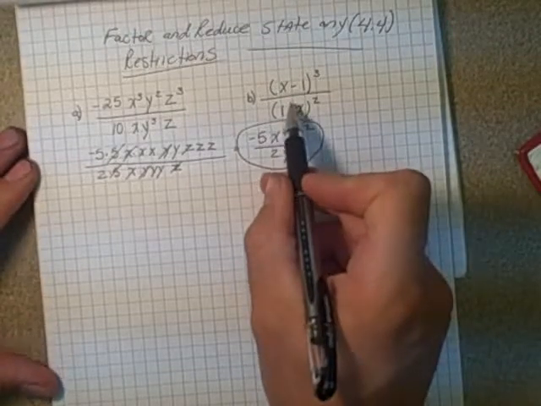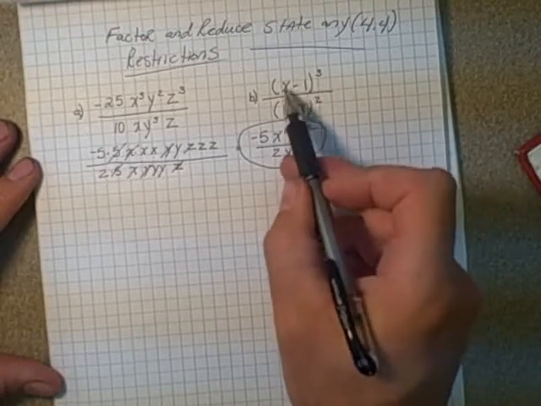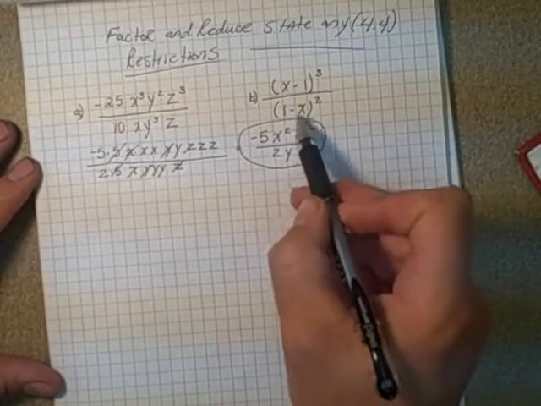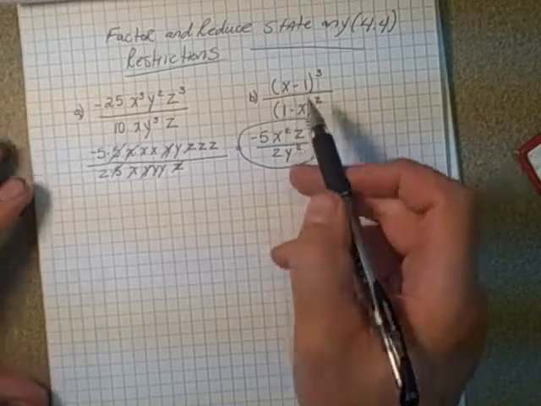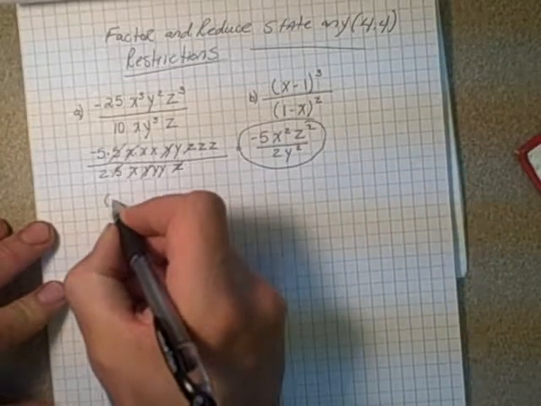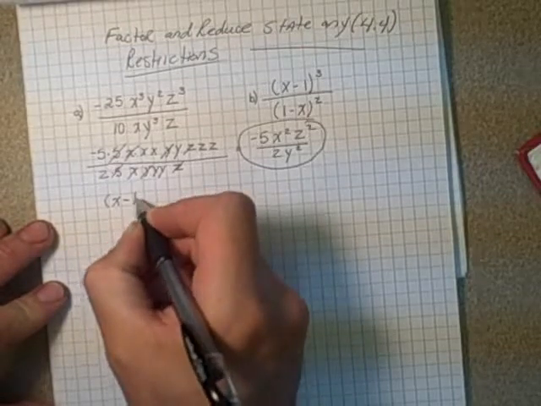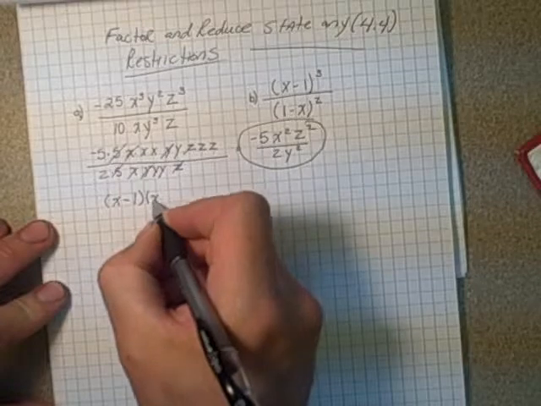Now we'll look at this example B here, which I kind of wrote there, but you'll notice that when you have something like this, this is a complete opposite of this. So when you write it out, you don't have to write it out completely, but this is x minus 1 3 times.